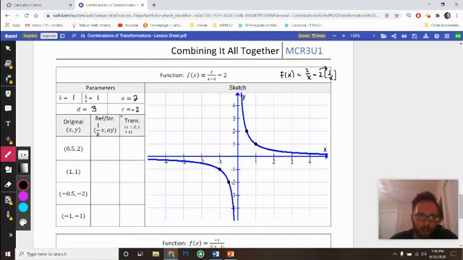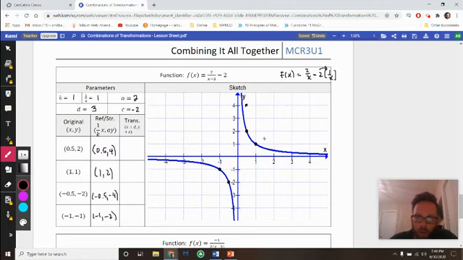And now that we've picked those off, let's transform. x values stay the same, y values double. Nice. Doesn't seem too complicated. 0.5, 4, 1, 2, negative 0.5, negative 4, and negative 1, negative 2. Let's just plot those.